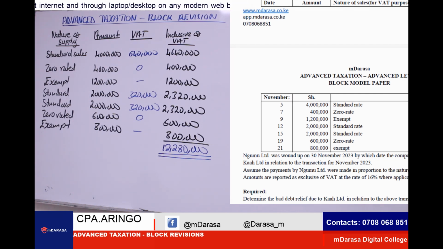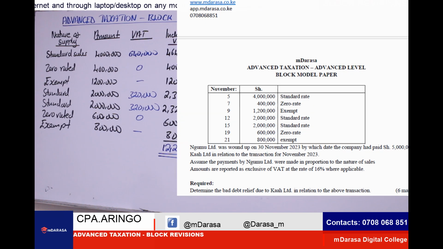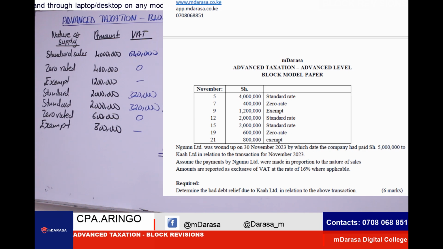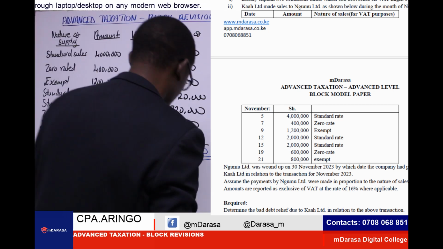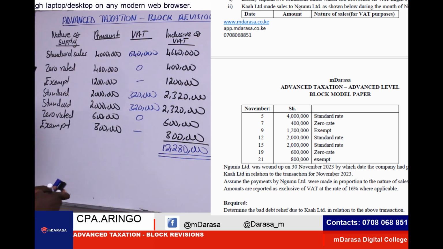Gomu Limited was wound up, meaning it ceases to exist. By that time, the company had only paid us 5 million. So if we had been paid only 5 million, what will we be having? The remainder.